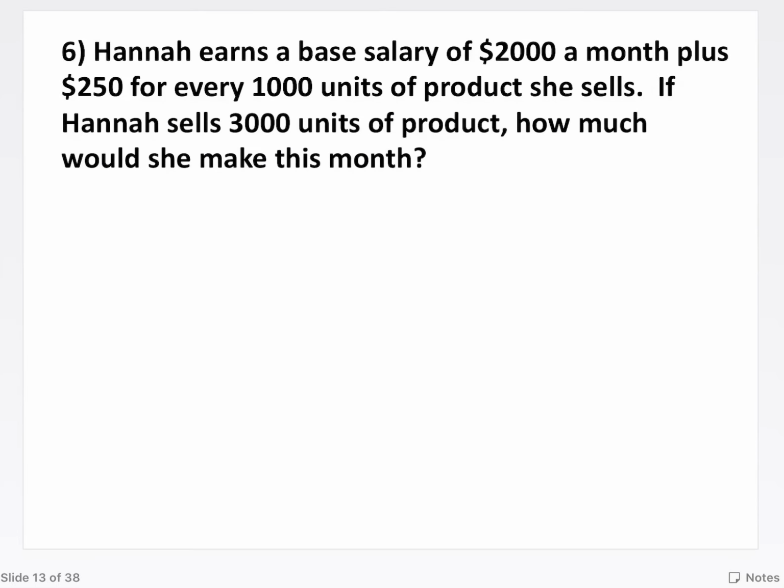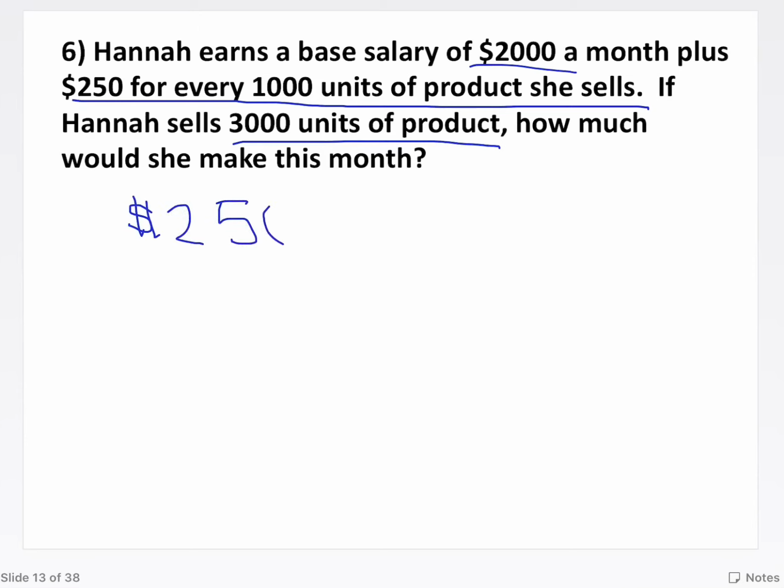Okay, our last example here. Hannah earns a base salary of $2,000 a month, plus $250 for every 1,000 units of product she sells. So this is more of a piecework agreement. If she sells 3,000 units of product, how much will she make? All right, so she's getting $250 for every 1,000 units of product.